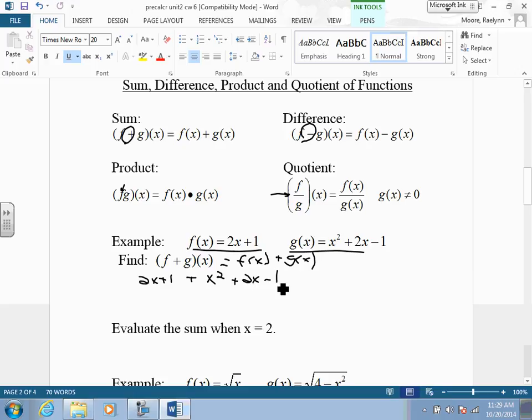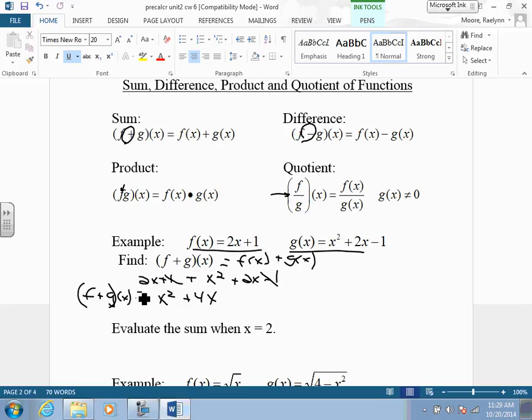I'm not solving anything. I'm going to come out with an expression here, because it will be the equation of my addition of those 2. So collect your like terms. 2x and a 2x give me 4x, and the 1's cancel out. So the sum of these 2 functions is x squared plus 4x.